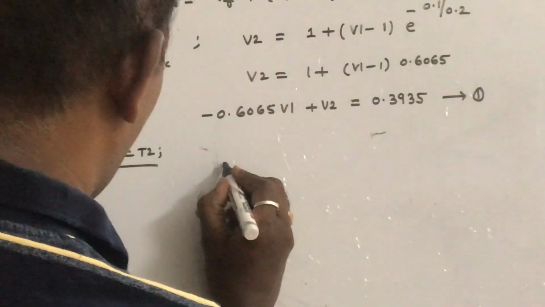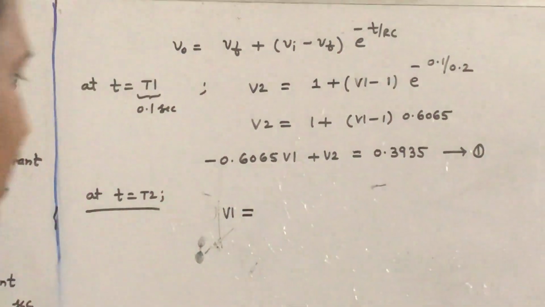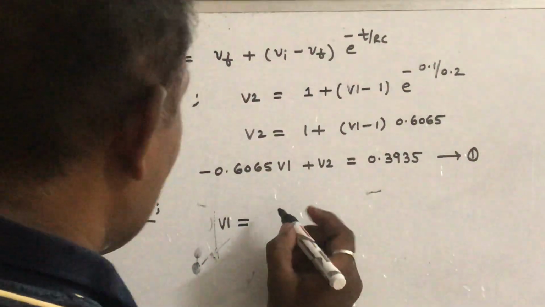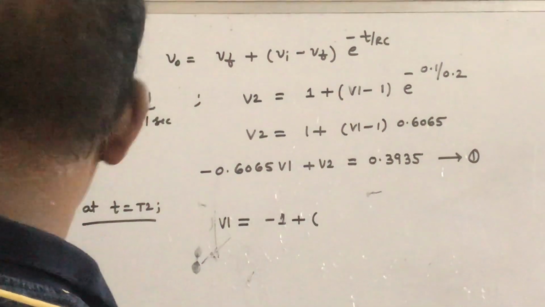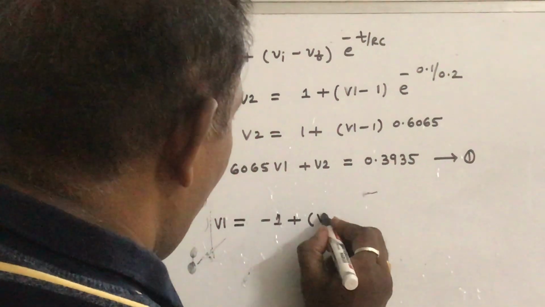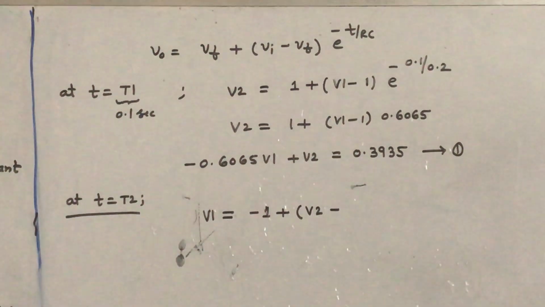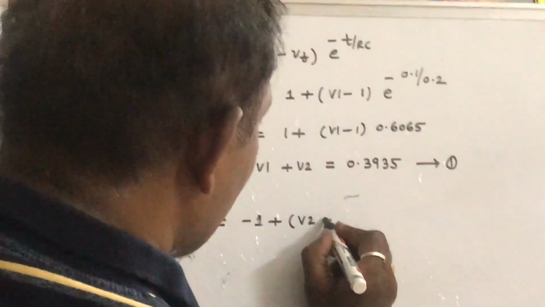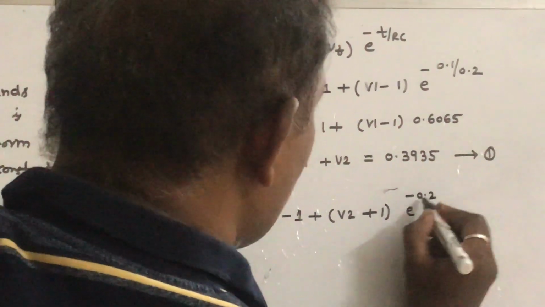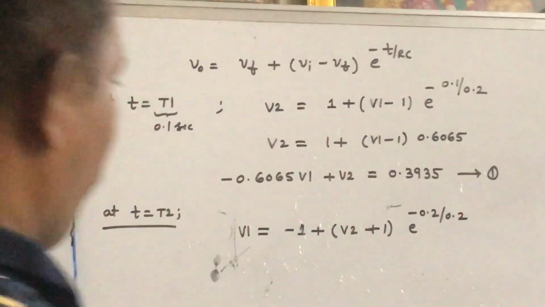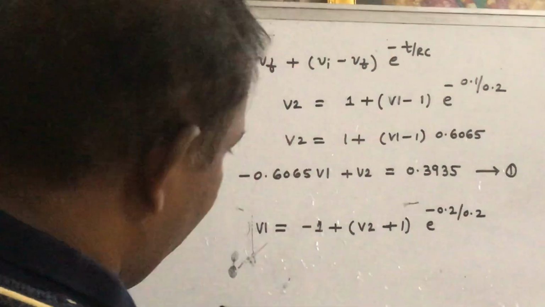Therefore at t is equal to t2, the output is V1. The final value in this formula is minus 1, and the initial value is where the waveform starts, V2. The final value is minus of minus plus 1, into e power, the duration of the waveform 0.2 by 0.2. These equations are very important.